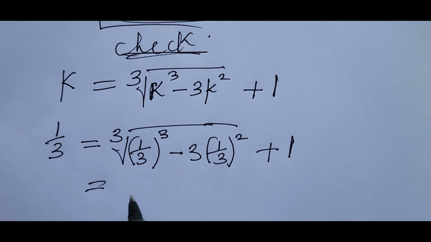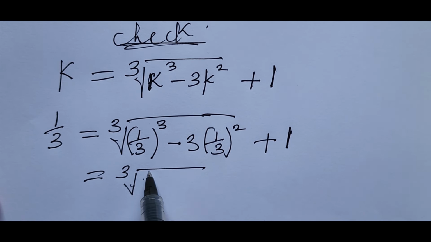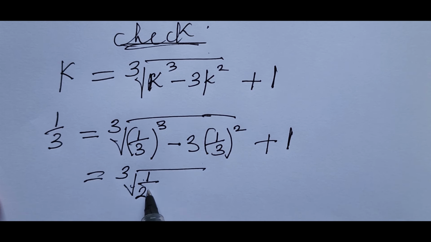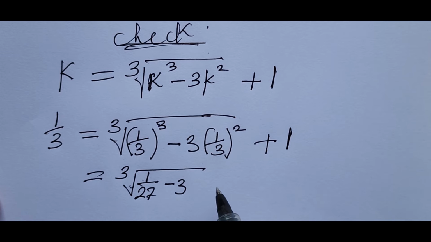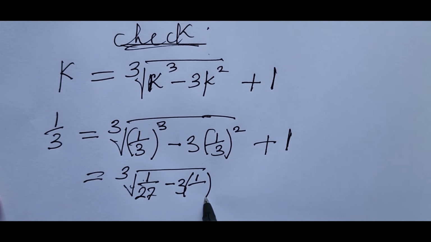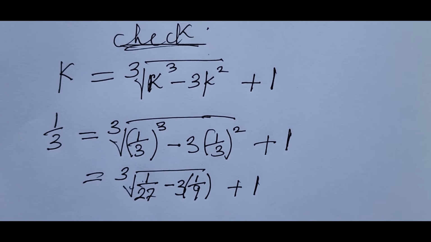So this expression gives us the cube root of 1 over 27, then minus 3 times 1 over 9, then everything plus 1 here.